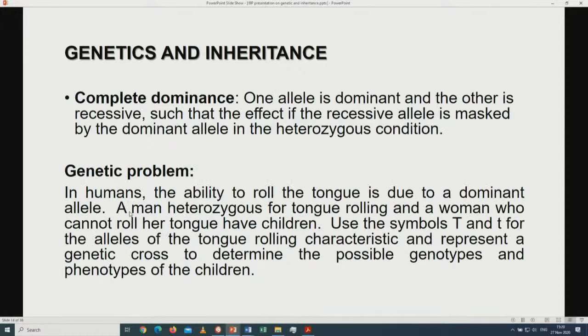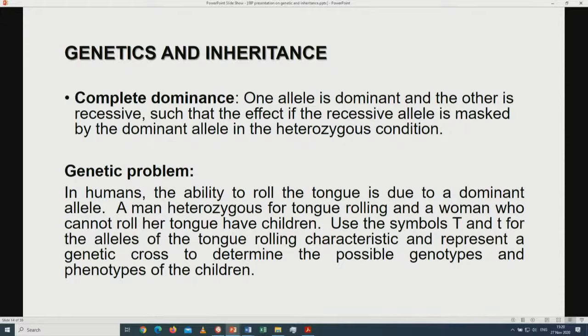A complete dominant example of a genetic cross which indicates complete dominance is that one allele is dominant and the other is recessive, such that the effect of the recessive allele is masked by the dominant allele in a heterozygous condition.